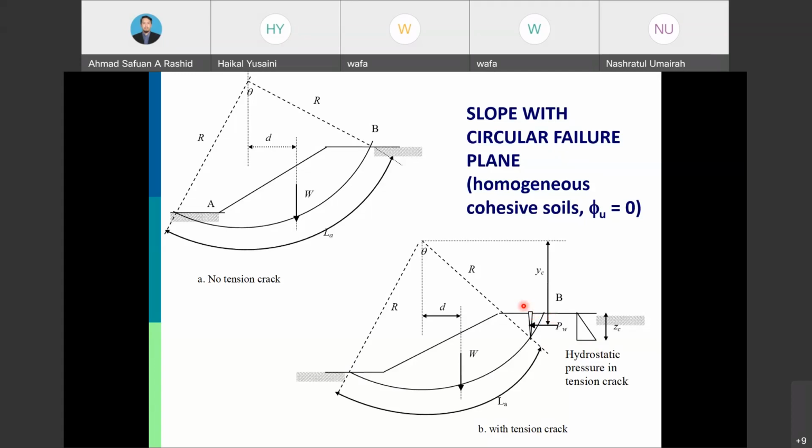So there will be three potential driving moments. First the weight from the block, the hydrostatic pressure, and if there is a surcharge on the top of the slope. There will be an example discussed on this issue later.